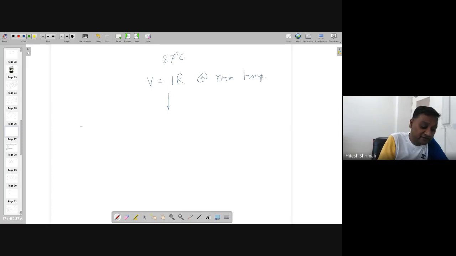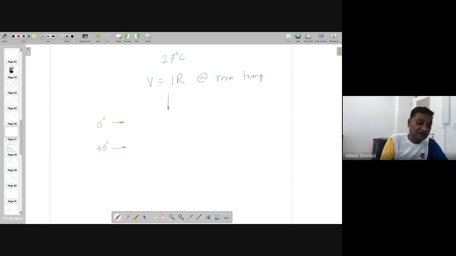So in that case, let's assume you are in, let's say, Delhi, where in winter the temperature goes as low as 0 degree, and in summer the temperature goes as high as 45 degree. Same electronic device you have, but still this is working, right?